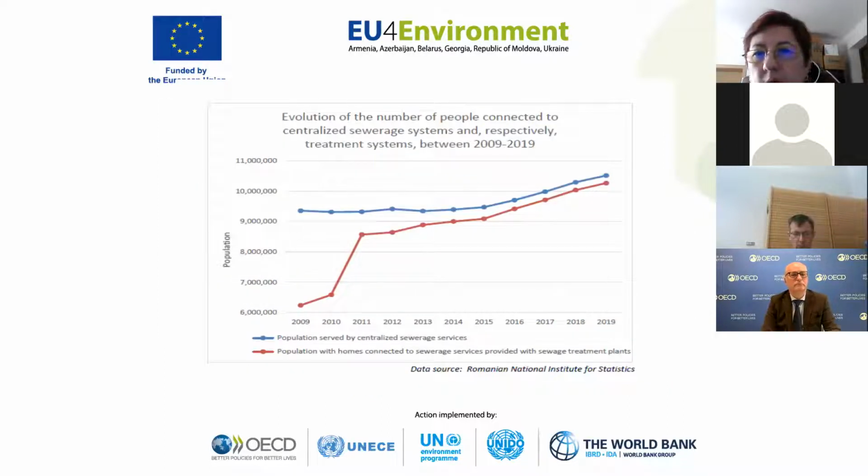If for water supply we are showing big progress, when it comes to sewage systems, we are still behind, and you can see that not much progress has been made since 2009. We still have almost half of the population served by centralized sewage services, and we are talking about this in the urban area mainly, while the population that has a sewage system connected to a sewage treatment plant is still below 50%.